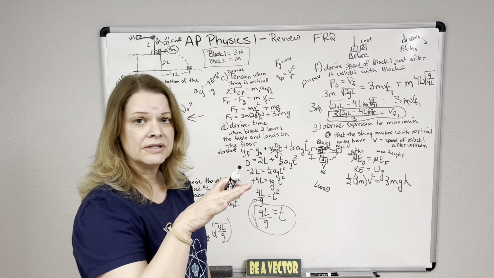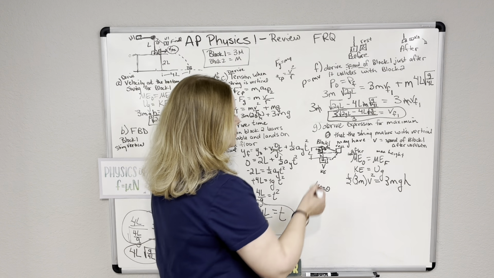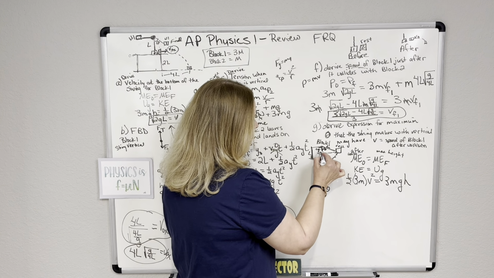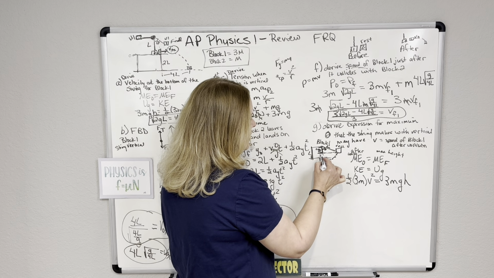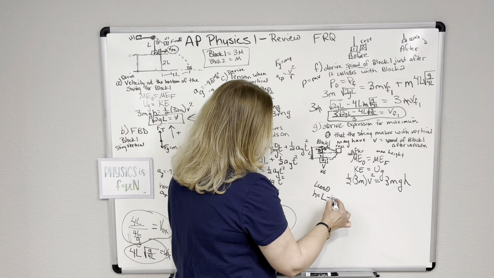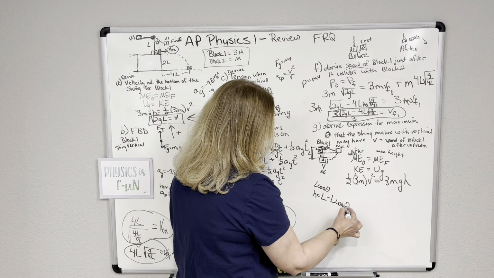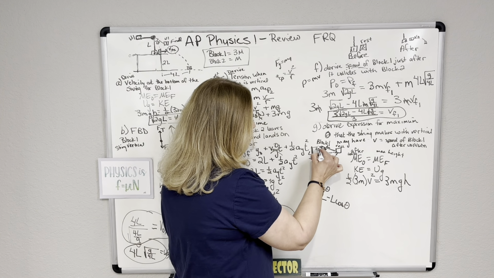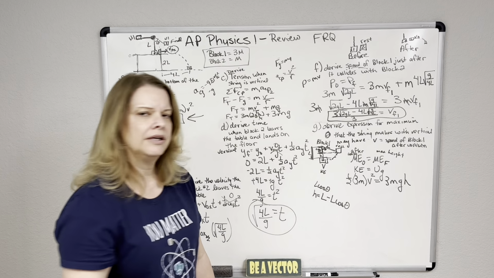That's how high it was lifted for its potential energy off the floor. Well, this whole thing is L, and this little piece is L cosine theta, so h equals L minus L cosine theta. The whole length of the string minus this little piece, L cosine theta, equals h.